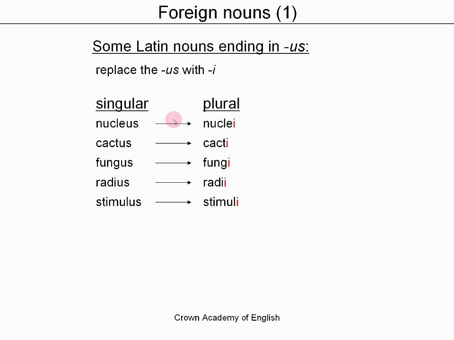So you can see there that again we change the US and we change it to an I. There are maybe a few other examples, but these are probably the most common. Okay, so just a reminder, these are English words, but they have a Latin origin to them. So we use the Latin rules to make the plural.